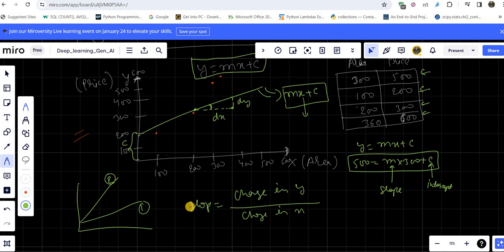Guys, definitely slope for this line 2 will be higher, because see, if you'll just assume any of the point here and we are moving here to here, see how much it has changed, is only this much. But let us suppose the same point from here, we are moving here. Now see how much y got changed, this much. So the slope, this angle will be always higher for this line.